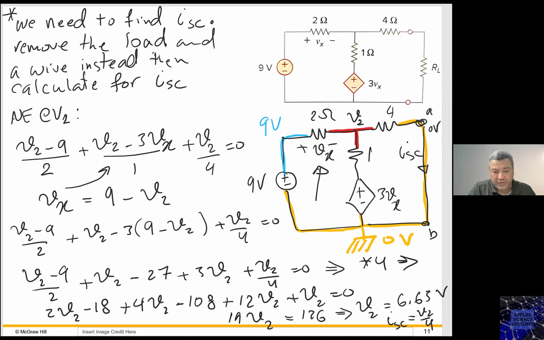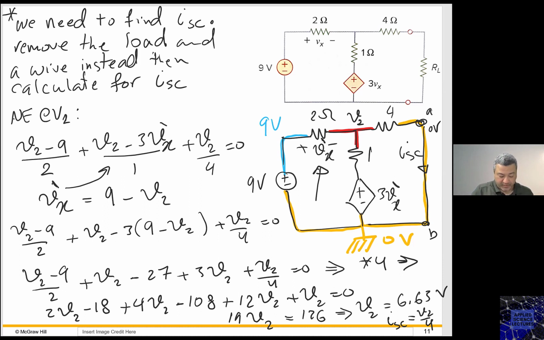So you cannot use the Vx from the previous circuit. If you want, you can put a prime on the Vx, just to show you. And that's why that node, I gave it a different name. I gave it V2. I did not say V1.